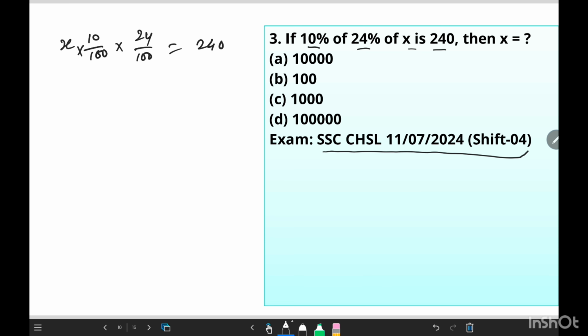It's 240. Then how can we solve this, right? We know the question is saying this, so we can cancel this 0 with this, and then we can cancel this 20 with this 20, and 10 will be here.